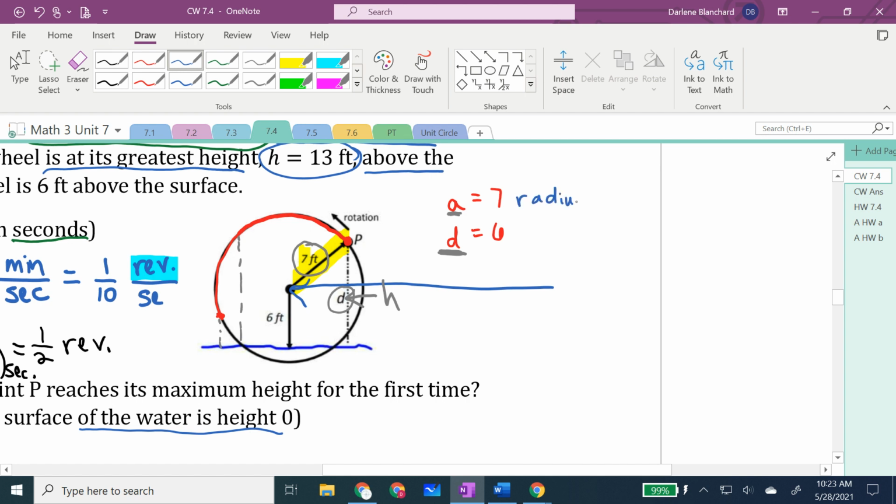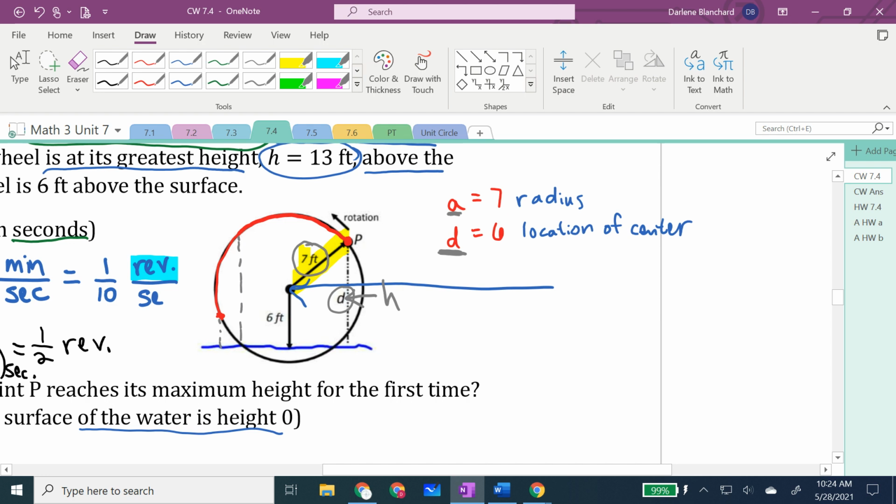So keep that in mind when you're setting up your equations, that the amplitude is the same as the radius of a circle. The vertical shift is the location of the center. The center of that circle.